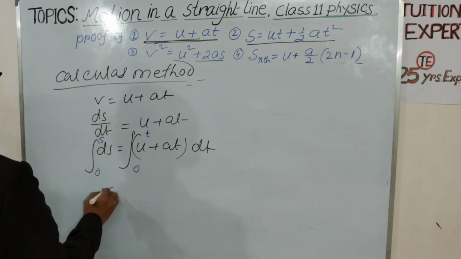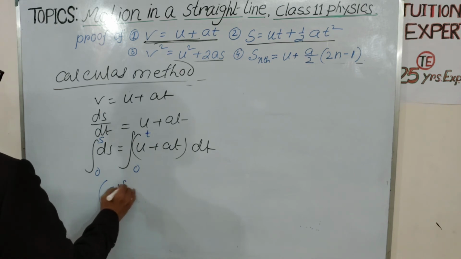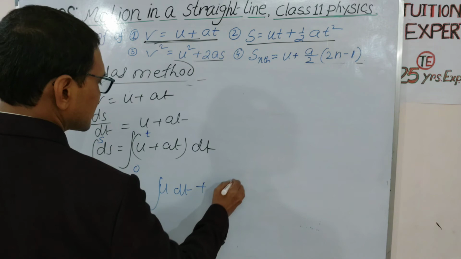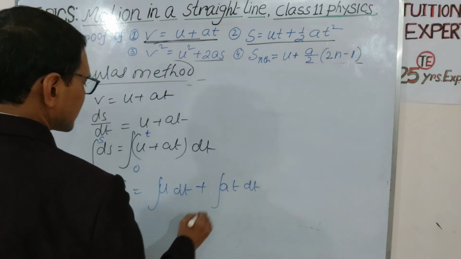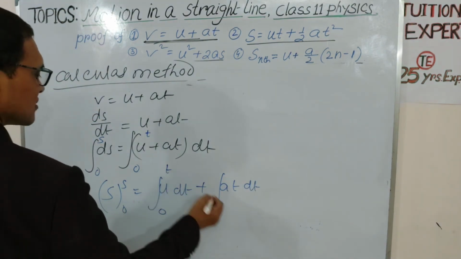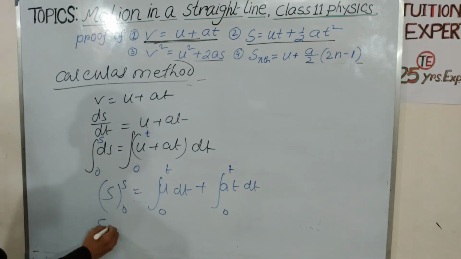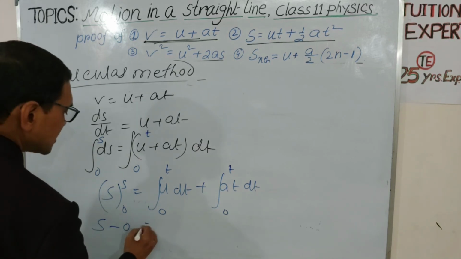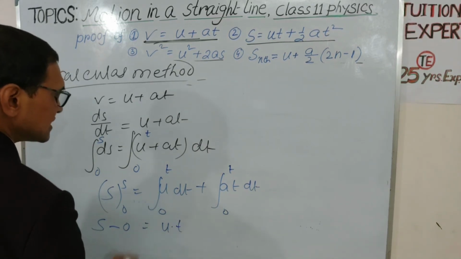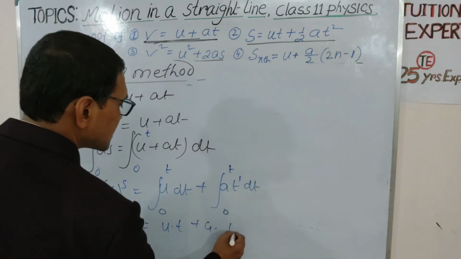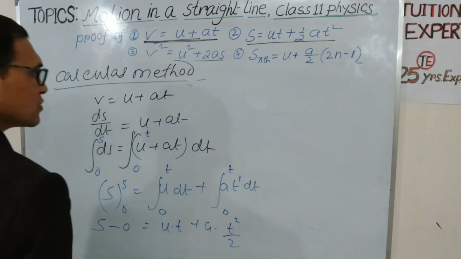So the integration of ds is s, from 0 to s, and u dt: upper limit minus lower limit, u into the integration of dt which is t, plus a into the integration of t which is t square by 2. So s equals ut plus half at square.